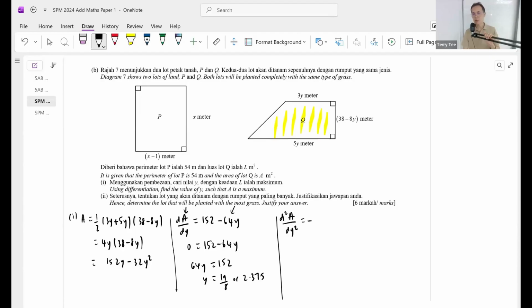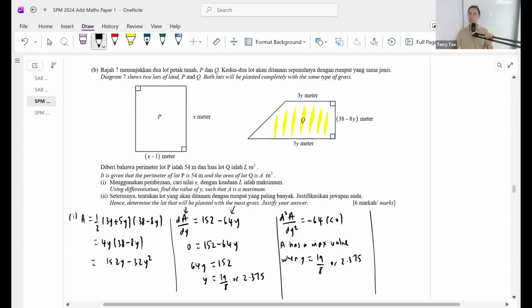Differentiate negative 64y, I get negative 64. This is less than 0, meaning A has a maximum value when y is 19 over 8 or 2.375. Like I said, it's not necessary unless the question says show that it has a maximum value.